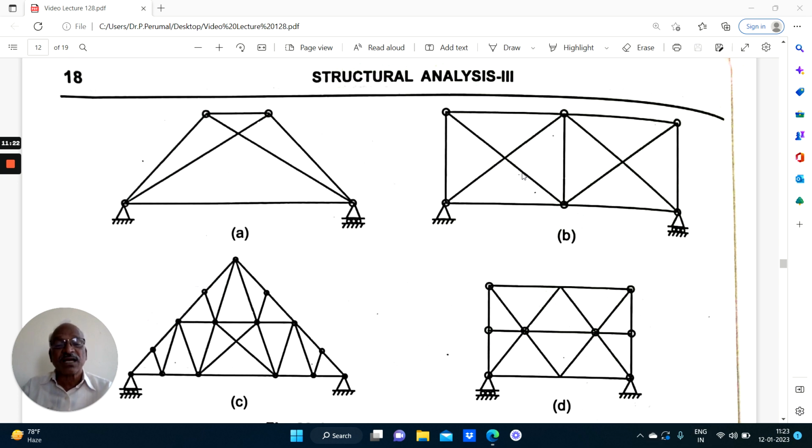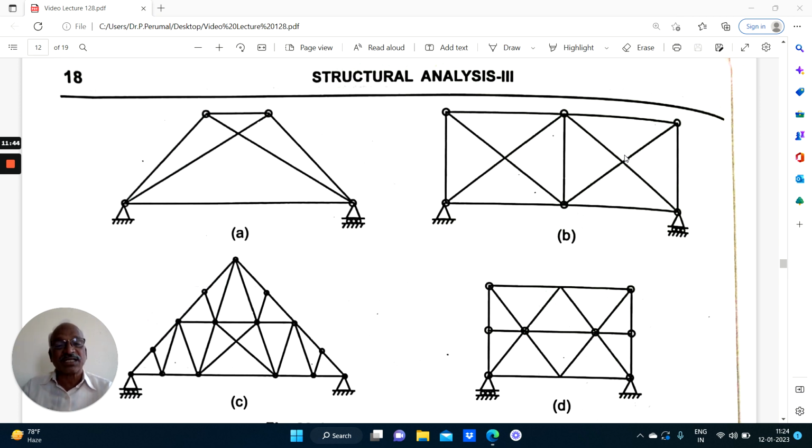Now this is not consisting of basic triangles. So you got one diagonal member that is required, one more member is extra. So this is redundant. Not only this, any member can be removed and the structure can be made determinate. Right, one extra member. On this side also there is one extra member. So there are two members.